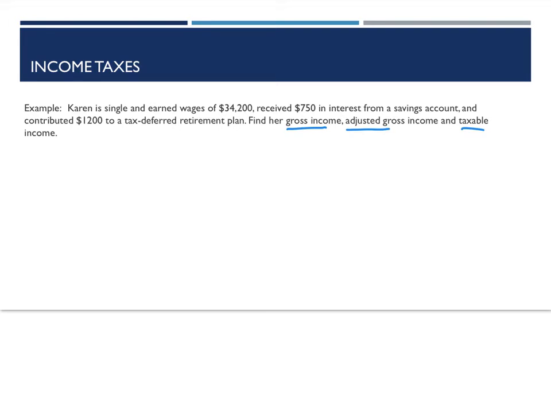So Karen is single and earned wages of $34,200 and received $750 in interest. If I'm trying to find her gross income, I'm trying to find the amount of income that she's received, which is going to be the money that she got in her wages plus interest.